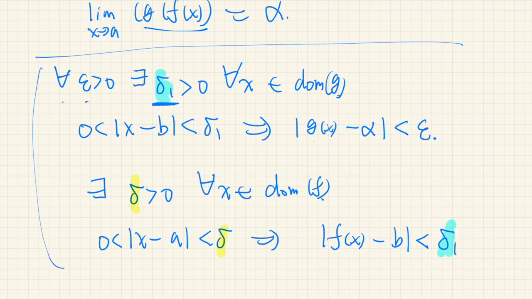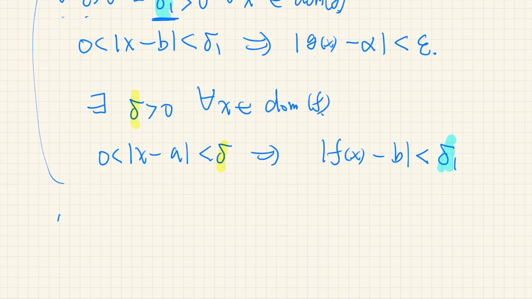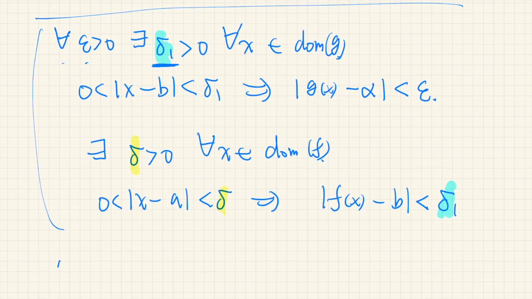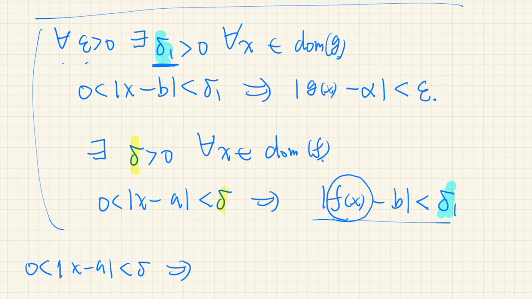Now let's combine all this together. If we determine delta and delta 1 in this way, we can say that if x minus a is between 0 and delta, then we have this, and then we can substitute this f of x for this x, so we have f of x minus b is less than delta 1.